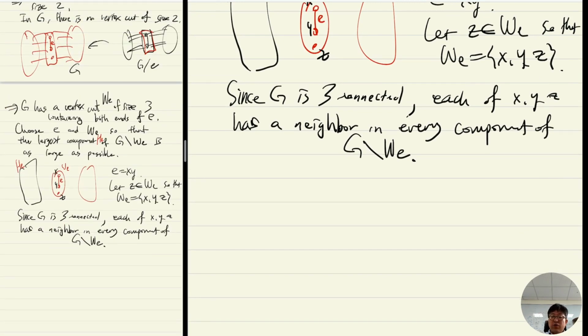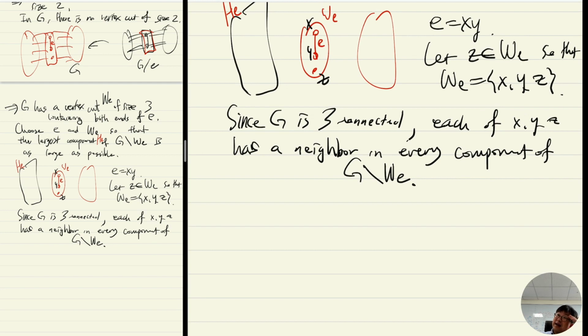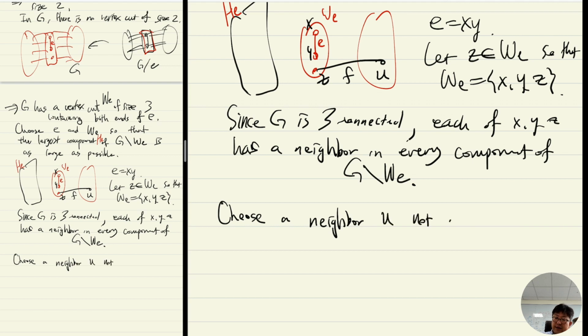All right. Now, what we do is find another edge so that we get a larger component. So how do we do that? By this property, there will be some edge here having a neighbor U. So choose a neighbor U of G not in HE union WE.